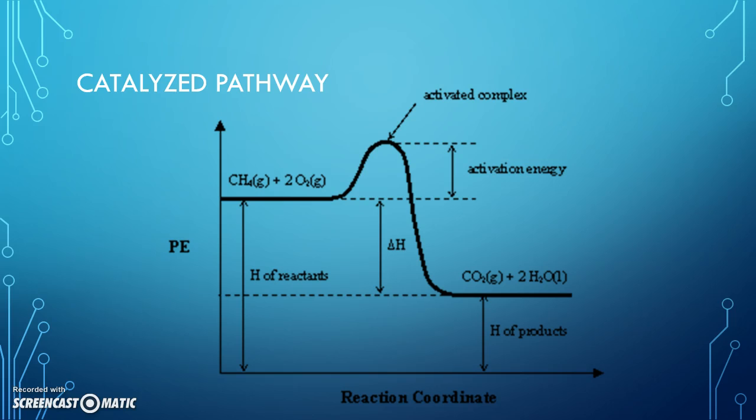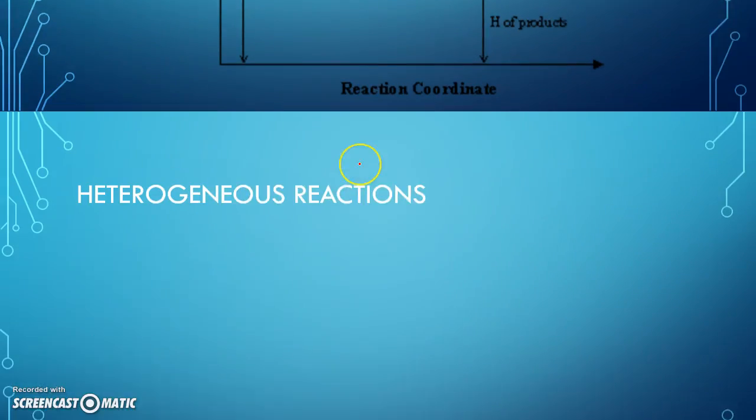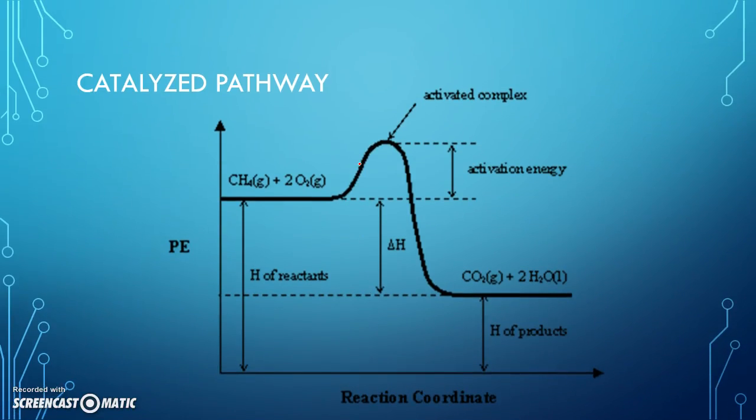So a catalyzed pathway, a catalyst works by lowering, it makes it easier. So this is my catalyzed pathway, okay? What this means is a catalyst lowers this activation energy. I like to think of it like a magnet.